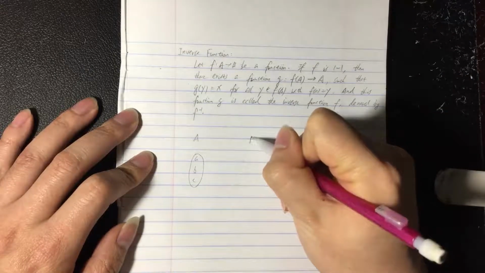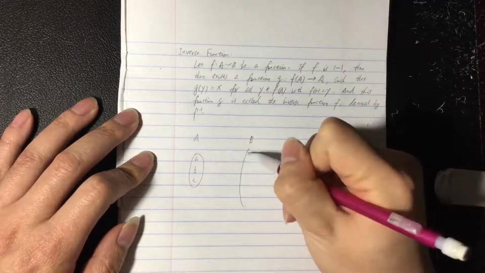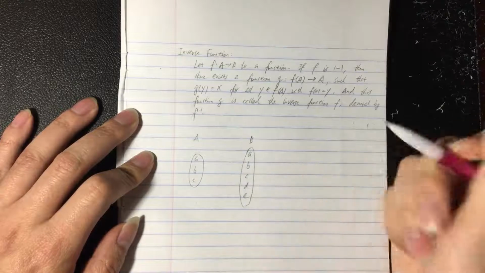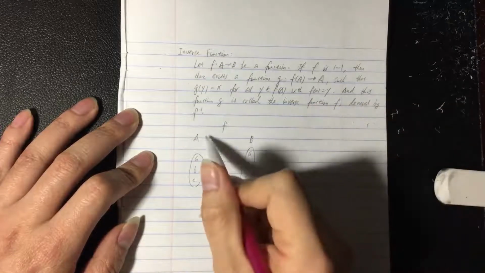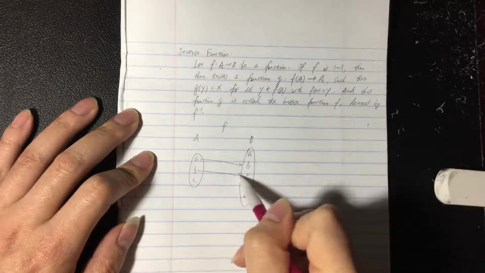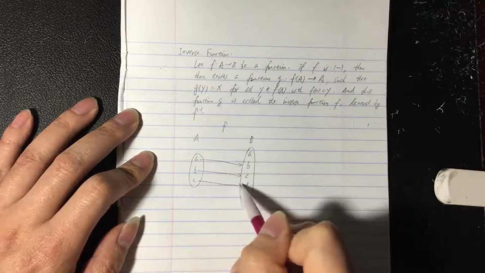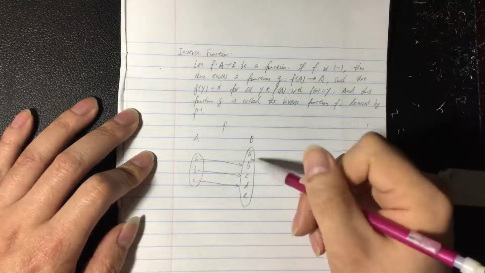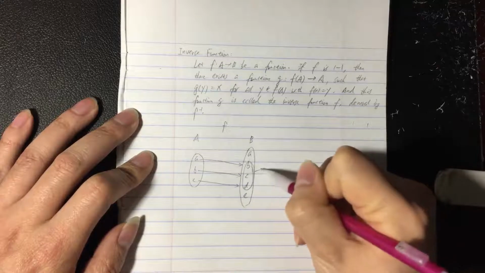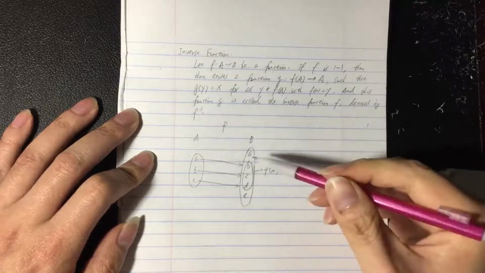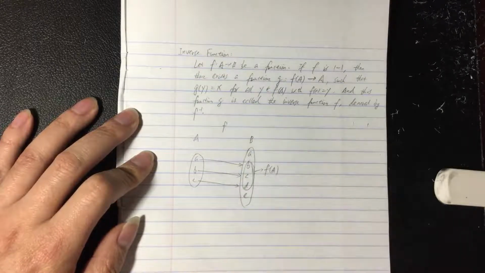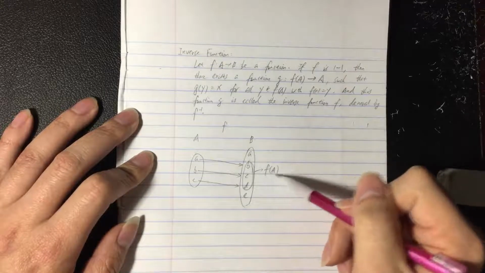Let B be the set {a, b, c, d, e}. f is a function from A to B that assigns a to b, b to c, and c to d. Then the set {b, c, d} is the range of f.